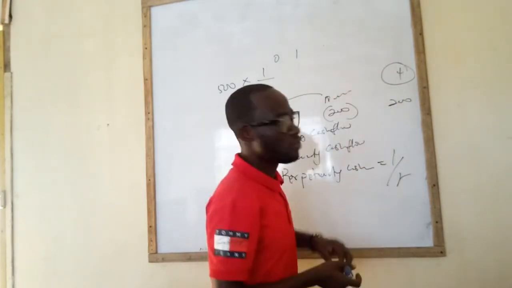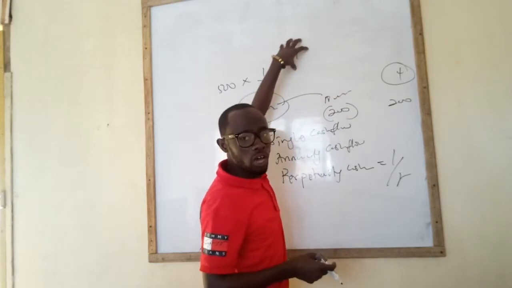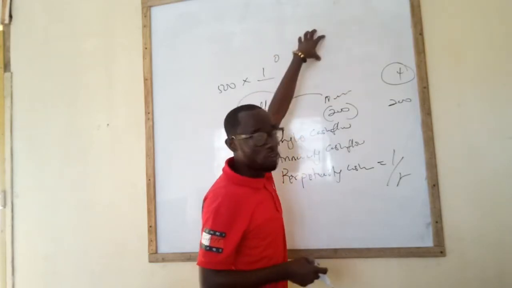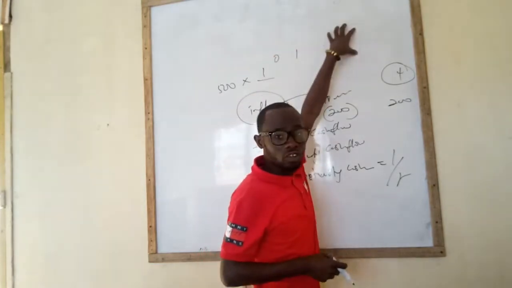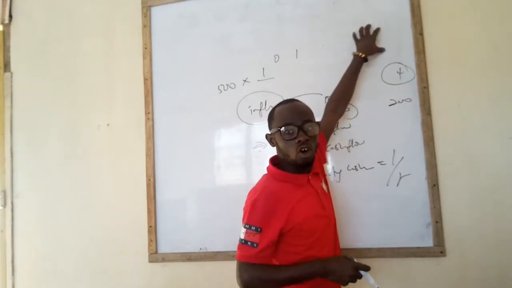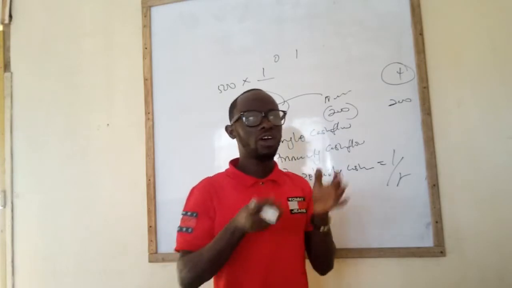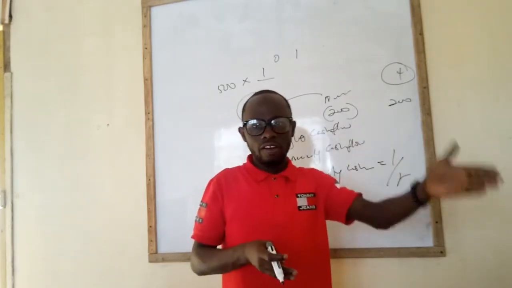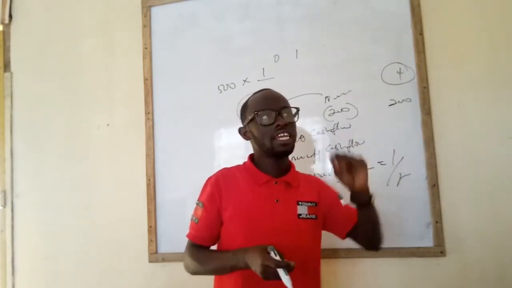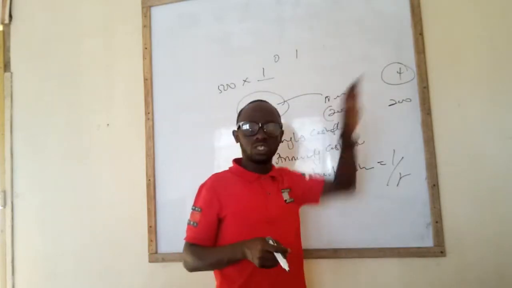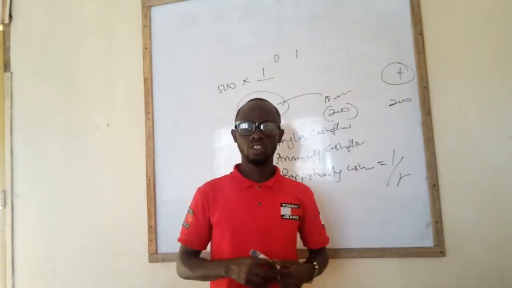Why do you do it for 5 years? Because the tax for year 1 goes to year 2, the one for year 2 goes to year 3, the one for 3 goes to 4, and the one for 4 goes to the 5th period. But if the tax is payable in the year as and when money is received, then if it is 4 years, we're still going to do the schedule for 4 years.